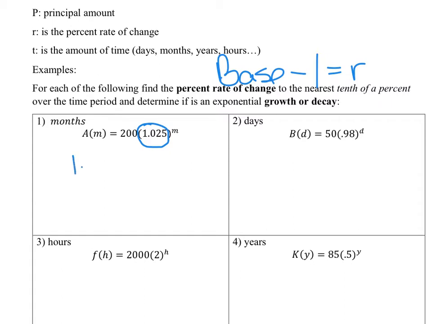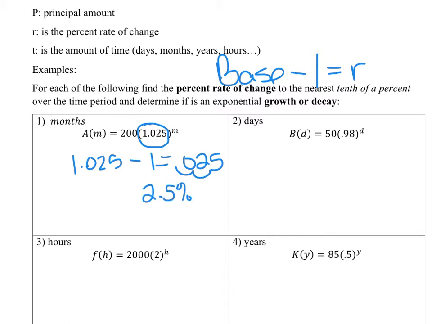So 1.025 minus 1 equals 0.025. Now that is the percent in decimal form. So if we actually wanted to write it as a percent, it would be 2.5%.